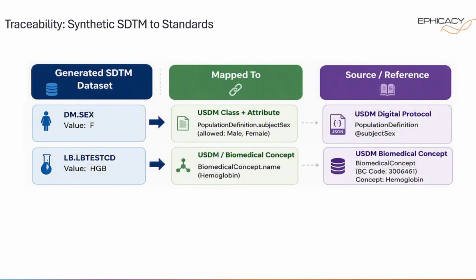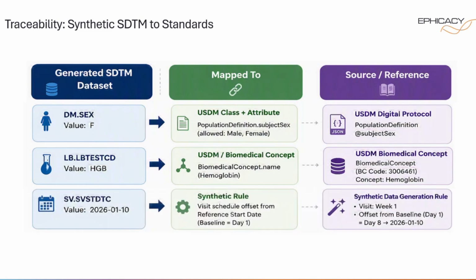Likewise, laboratory test code values in the lab dataset are mapped from USDM biomedical concepts in the main timeline class. And visit start date in the subject visit dataset is derived using a synthetic visit schedule rule, leveraging study start date from the digital protocol. This creates transparency from protocol metadata and standards guidance to generated SDTM values.